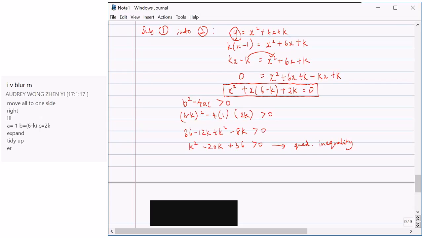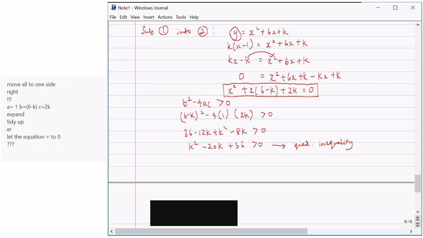Wait, I answer someone first. Yeah, let it be 0, exactly. Let the quadratic equation be 0 because I want to find the roots, right? Okay, factorize.